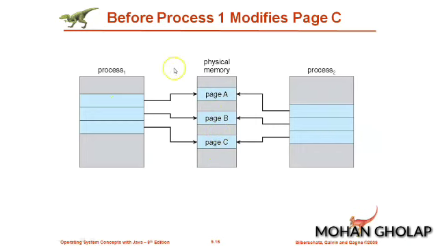As per copy on write, this prevents the processes from creating duplicate copies. As a result, both processes are sharing a single copy of the same pages, until one of the processes tries to modify the content.